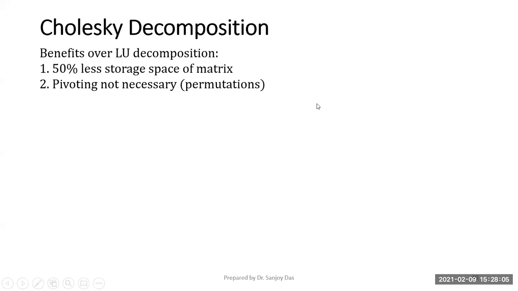Now, pivoting is not necessary. When we do PLU decomposition, sometimes we have to swap rows. That's called pivoting. That's not necessary for Cholesky decomposition. And it also is quicker.